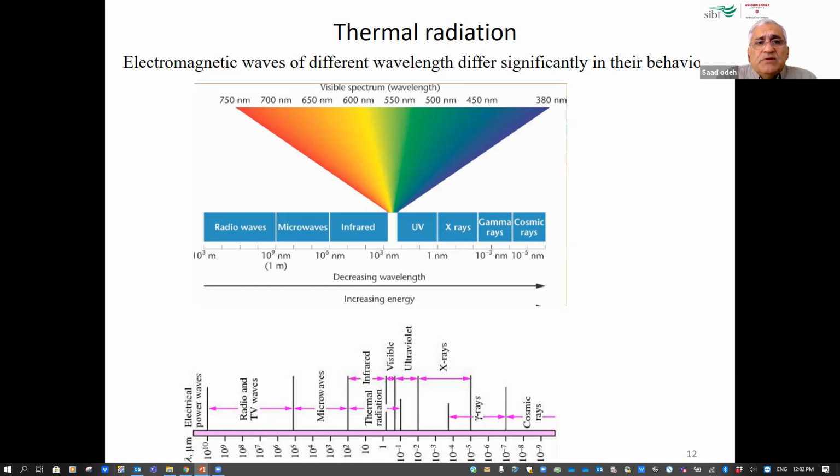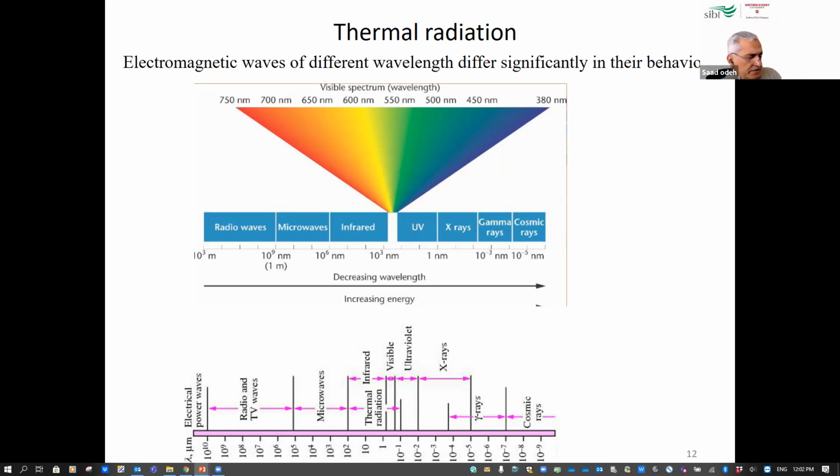But the visible spectrum, the visible wavelength, the infrared radiation that we use, let's say from the sun, falls in this range, as you can see in the figure.